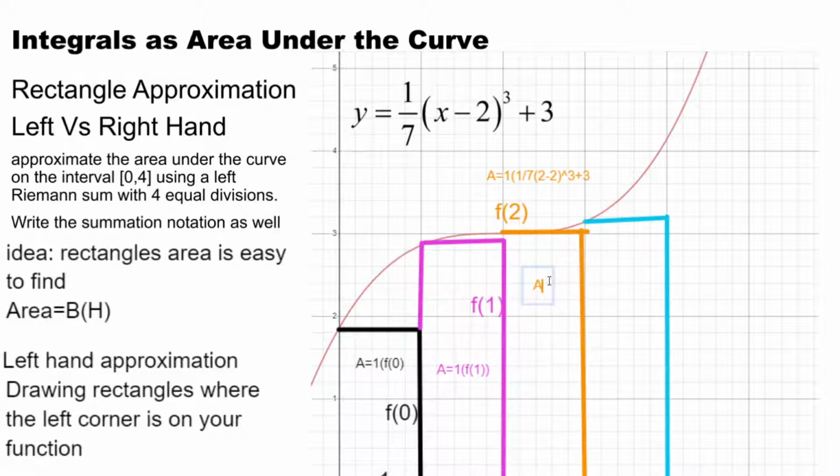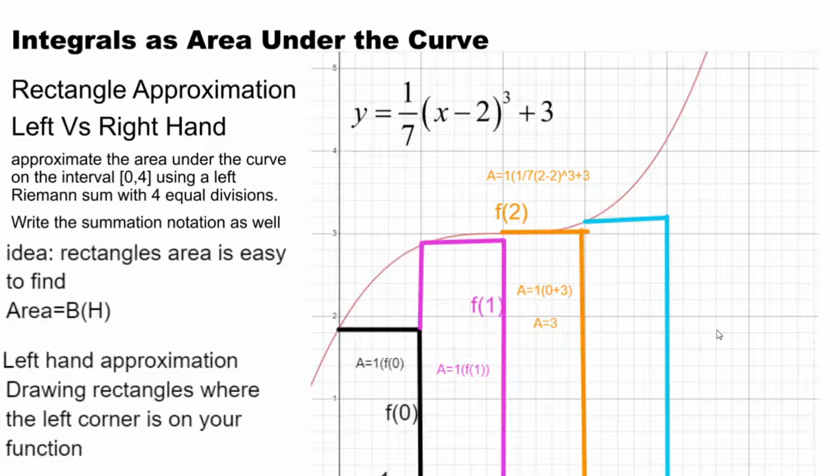This becomes 0, so area equals 1 times 0 plus 3. And so my area equals 3.